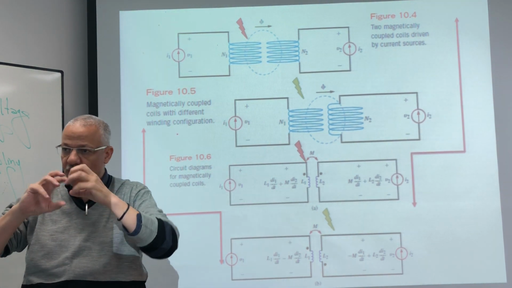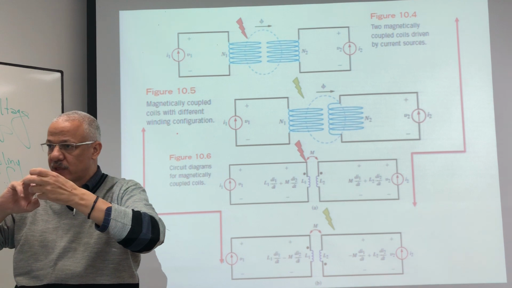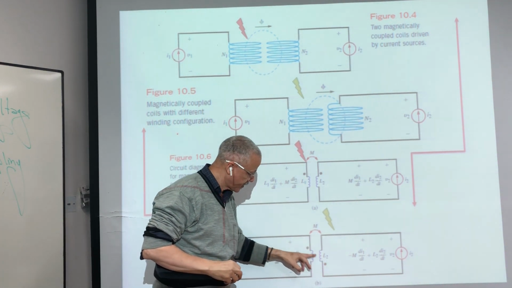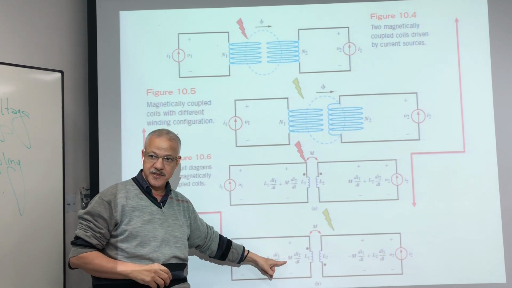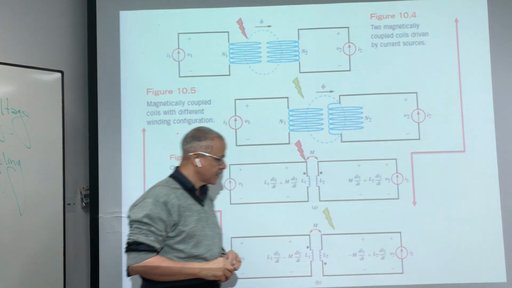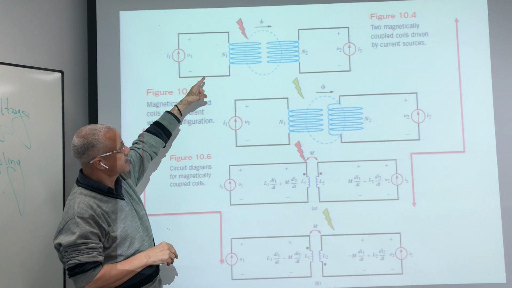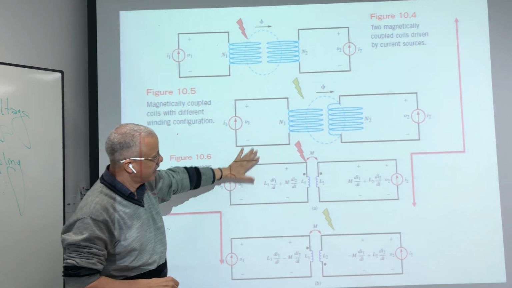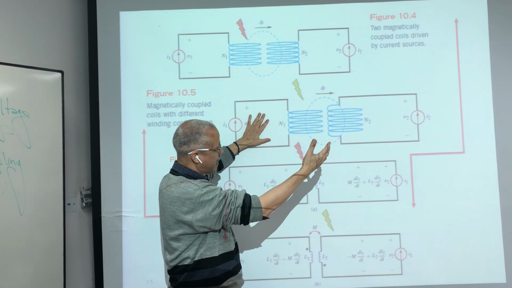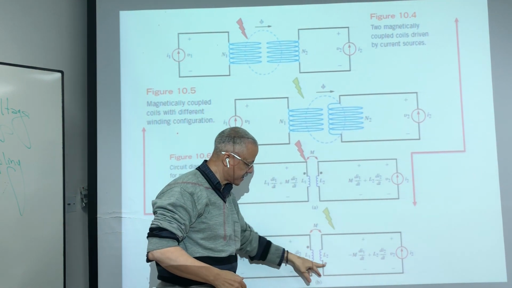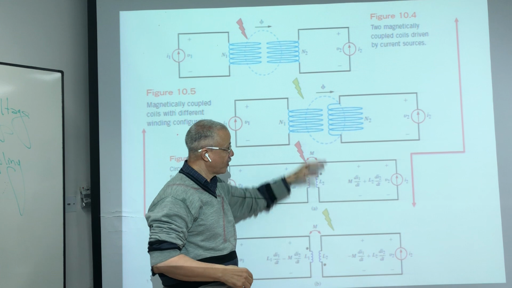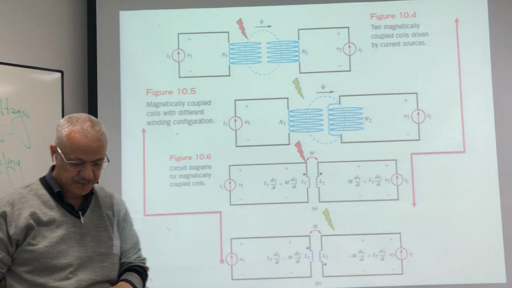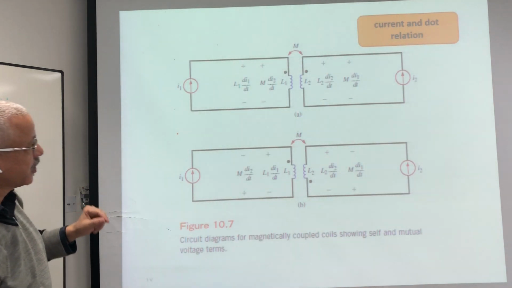If you change the configuration of the turns and we put it like this one, we have a negative sign for the mutual. Let's just conclude. If you have this shape of coil direction, you can keep this one. If you change it to this one, how can I know? So we can put it like this, opposite direction, so we can keep it with negative mutual coupling in between.